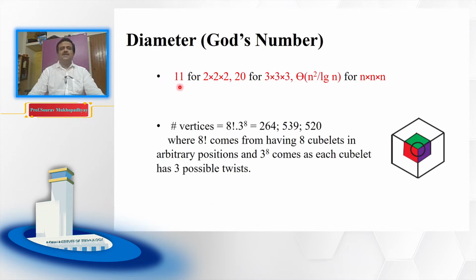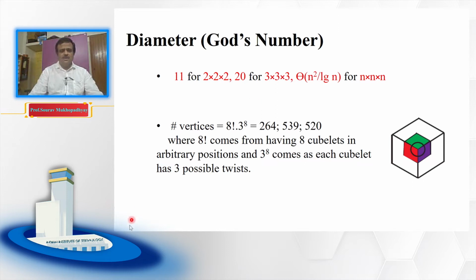Now, this dimension is 11 for a 2 by 2 by 2 Rubik's cube, and it is 20 for a 3 by 3 by 3 Rubik's cube. Theoretically, it does not matter where we are, we should be able to solve the 3 by 3 by 3 Rubik's cube in at most 20 moves.